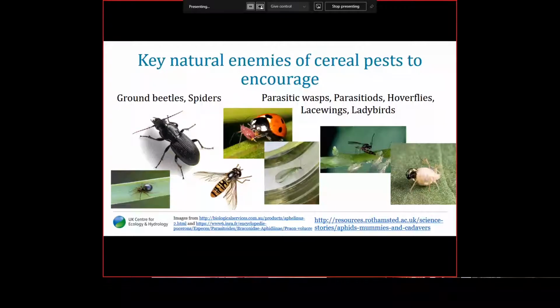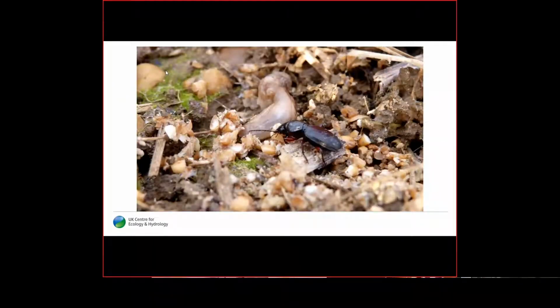So generally looking at a very wide range of these natural enemies using traditional techniques, whether it be pitfall trapping or hand netting for pollinators and other aerial predators, also vortis sampling, and also searches as well. So with the expertise of Rothamsted, we're looking at these very detailed interactions between the parasitoids and the pests. So that's what we're looking for.